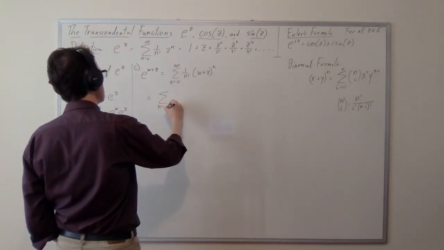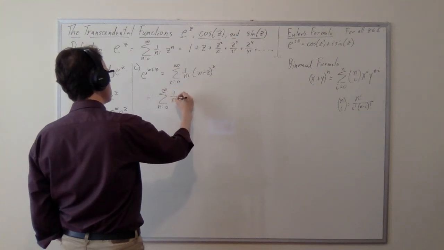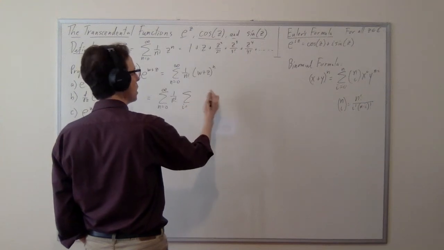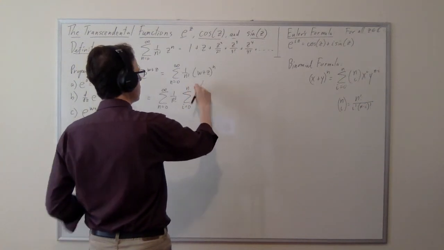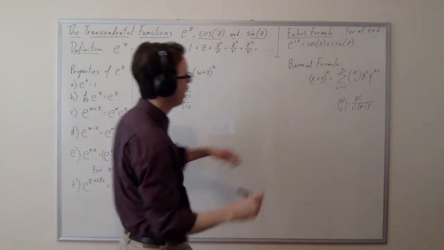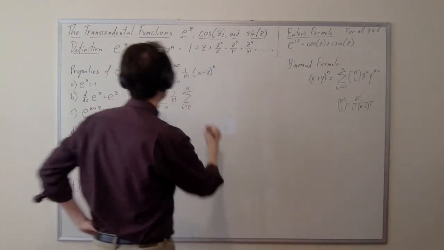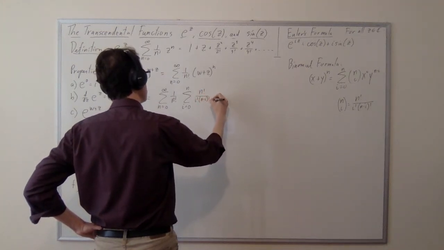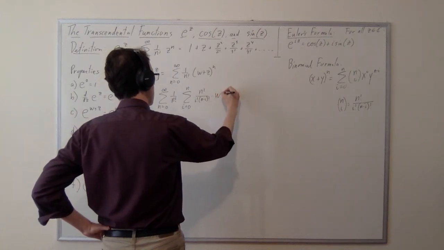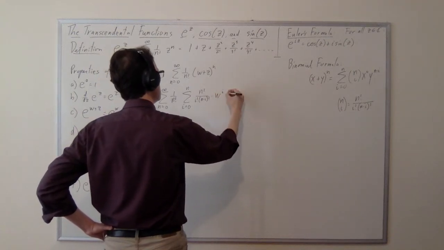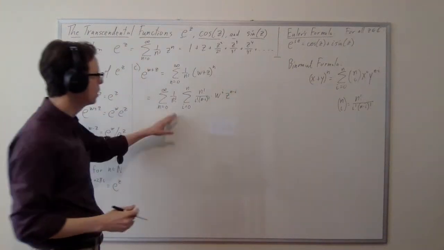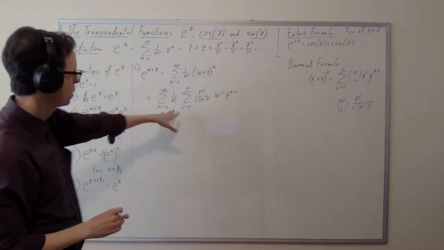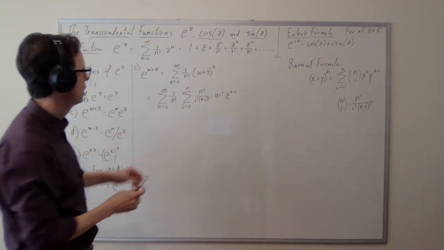So we get the summation n equals 0 to infinity of 1 over n factorial times a further summation, I equals 0 to n of the n choose I. Now I'm immediately going to substitute this factorial formula for n choose I. So I get n factorial over I factorial n minus I factorial, and then w to the I and z to the n minus I. So there we've applied the binomial formula to open up this summation w plus z to the n into this formula. Now that's a mess.